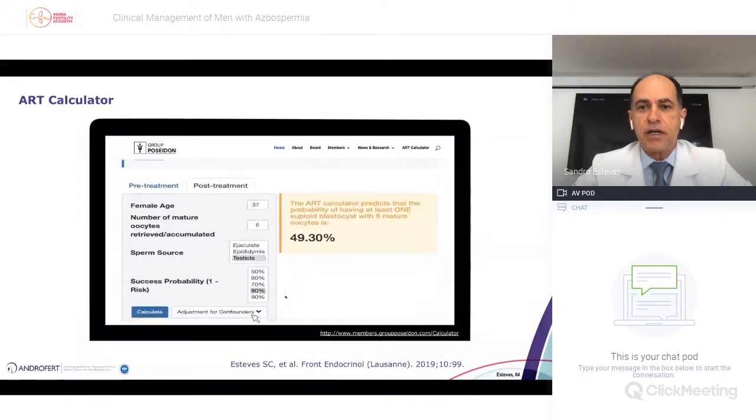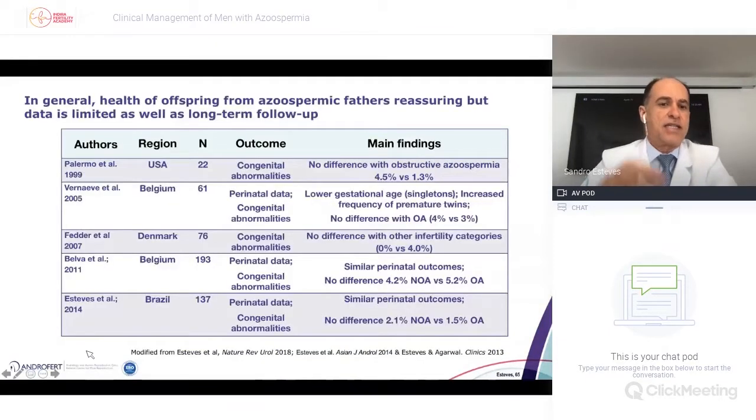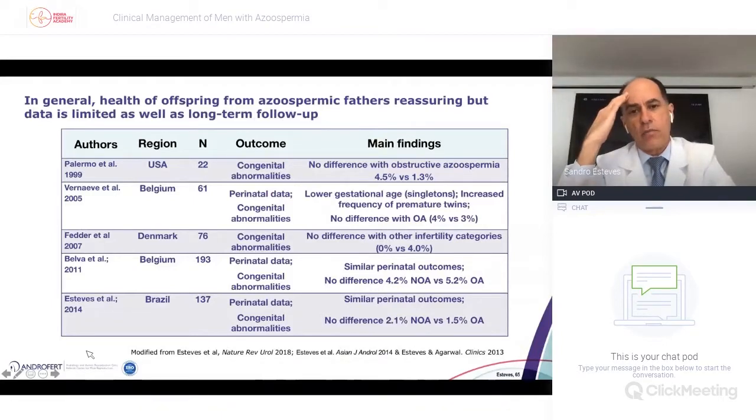You can calculate post-treatment. The calculator can predict the probability of having at least one euploid blastocyst with 6 mature oocytes, or the number of oocytes that you actually achieved. So we feel that this tool could help the doctor to discuss with the patients and set patients' expectations regarding the chance of achieving pregnancy using IVF and ICSI, in particular among patients with non-obstructive azoospermia.